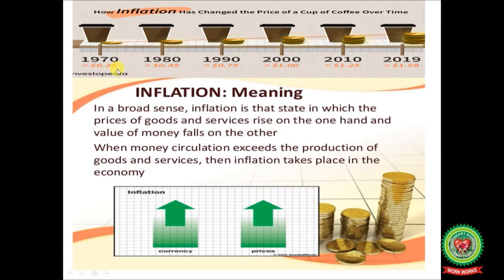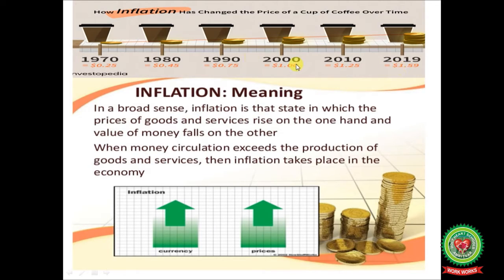Like in 1970, the price of 1 cup of coffee was rupees 5. In 1980, the same cup of coffee was worth rupees 6. In 1990, it was worth rupees 8. In 2000, it was worth rupees 10. In 2010, it was worth rupees 15, and in 2019, it was worth rupees 20.